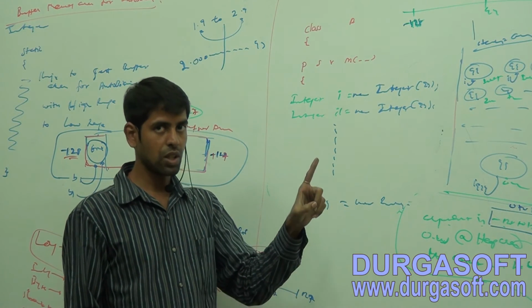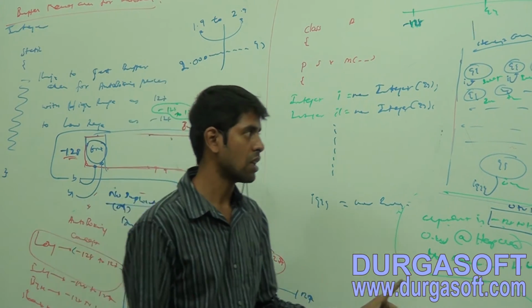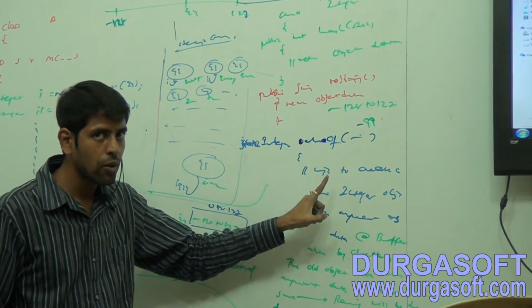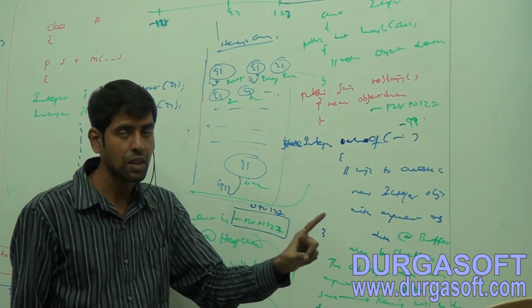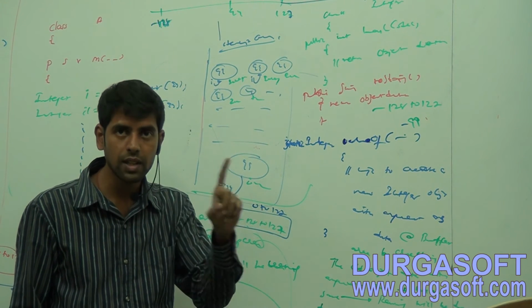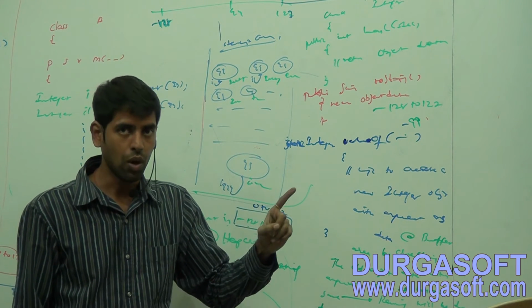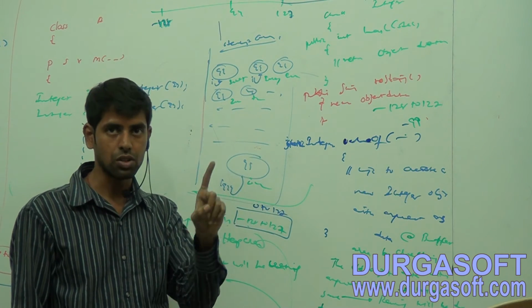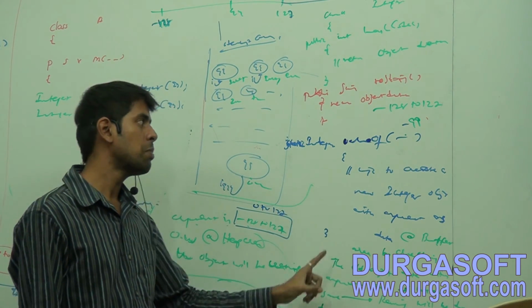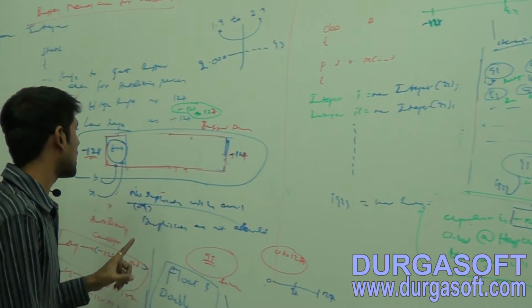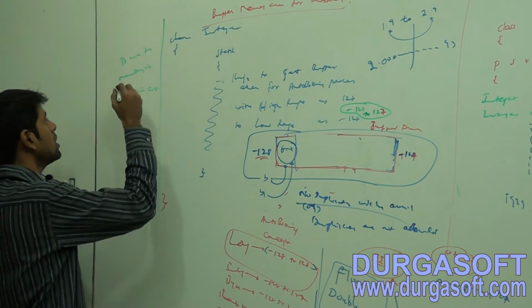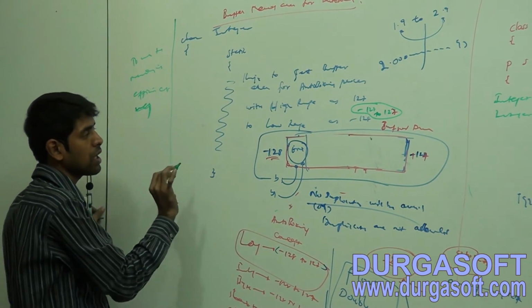If the JVM is creating an object, observe here, this valueOf method is developed by whom? The JDK developers who designed the compiler and JVM. So those persons thought that they wanted to use the memory in an efficient way.